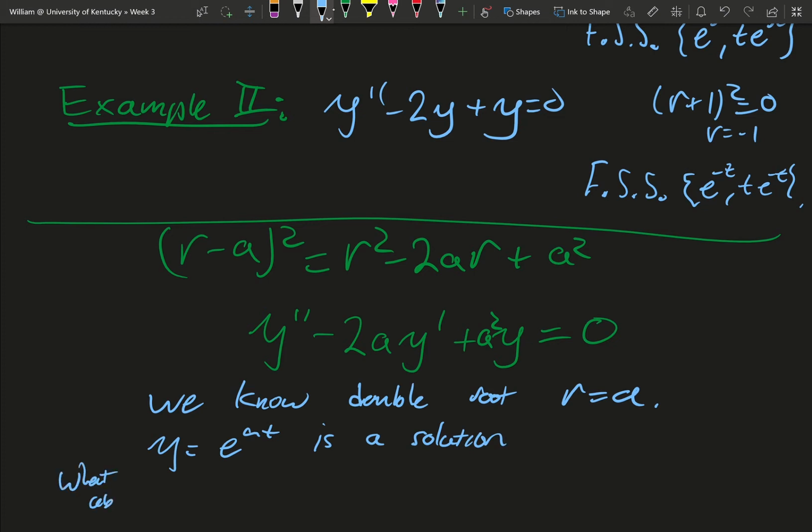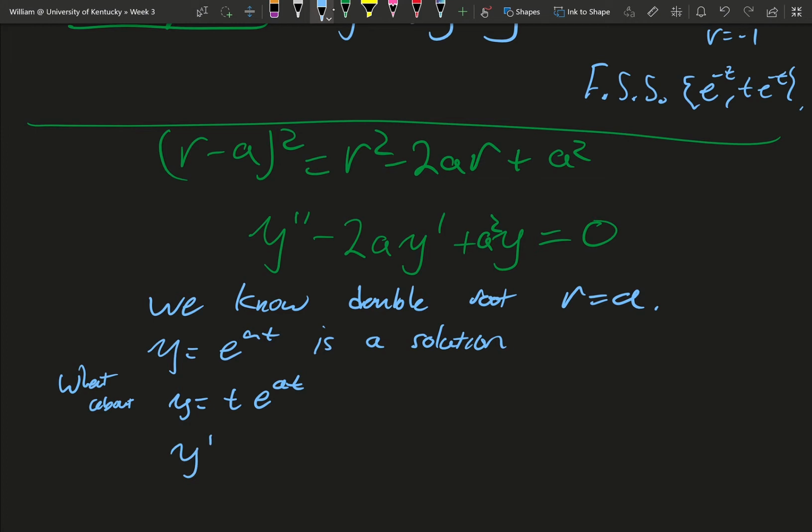What about y equals t e to the at? Well, let's check it. y prime would be e to the at plus a times t e to the at.